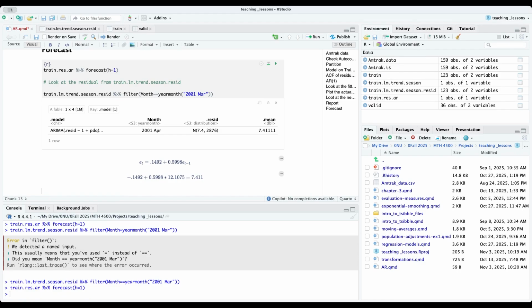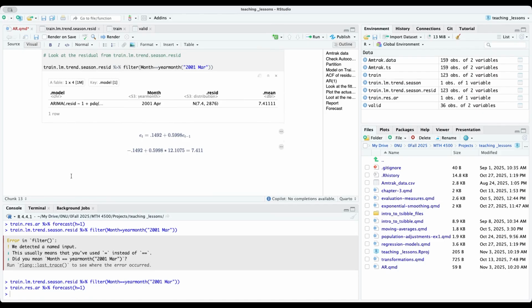Now let's look at the validation set and the number of riders. Let's go to train LM trend season, not the residuals. Let's first do a forecast using just the original model, without the AR1.